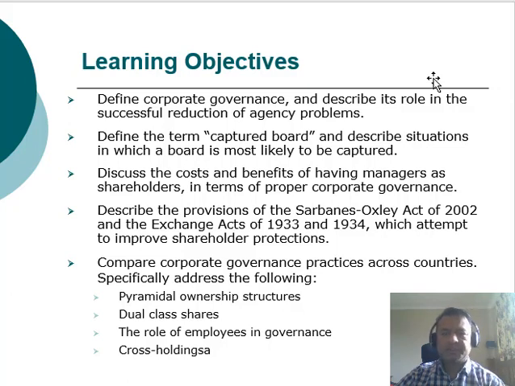Three, discuss the costs and benefits of having managers as shareholders in terms of proper corporate governance, describe different types of acts relating to corporate governance, and compare corporate governance practices across countries, specifically addressing the following: pyramid ownership structure, dual class shares, the role of employees in governance, and cross-holdings.